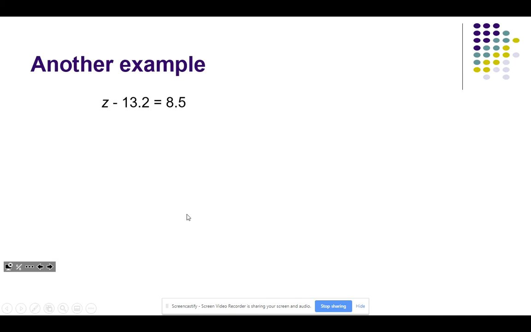Here's another example. Pause the video at this point to give yourself a chance to try it on your own. Again, I'll create my mirror at the equal sign. This time I'm going to add 13.2 to both sides using the addition property of equality. And notice this time I use symbols just to make it a little quicker for me.